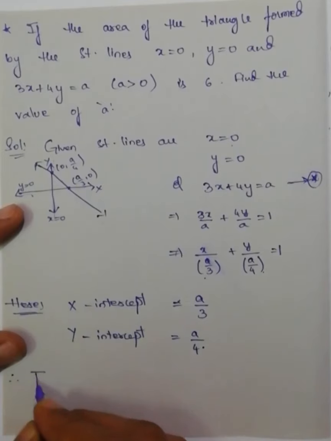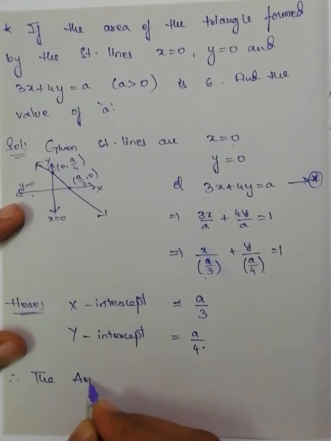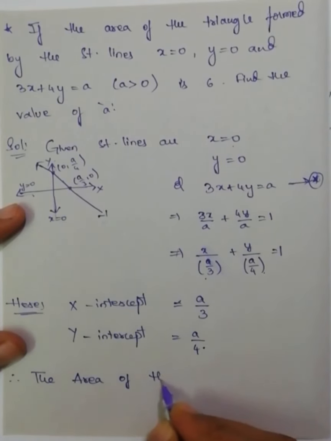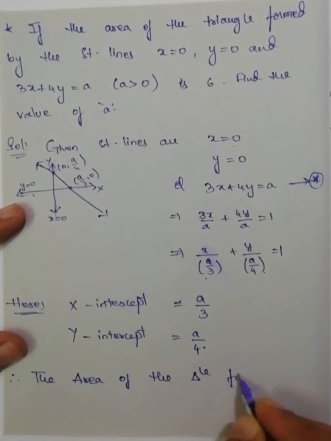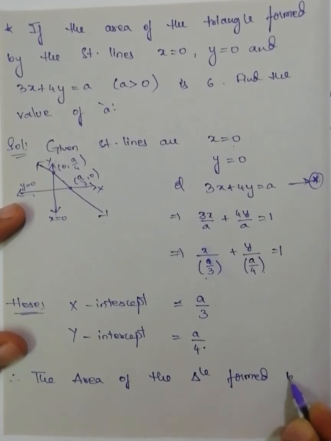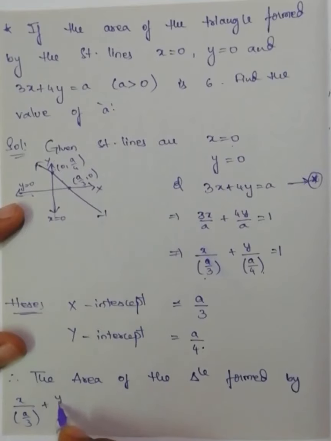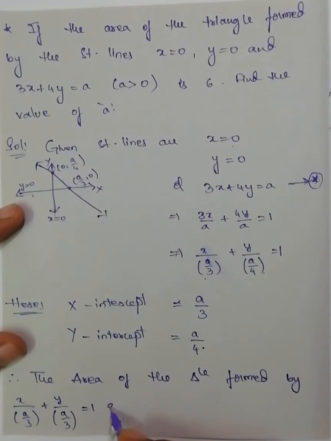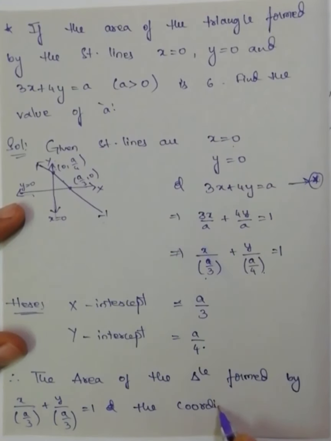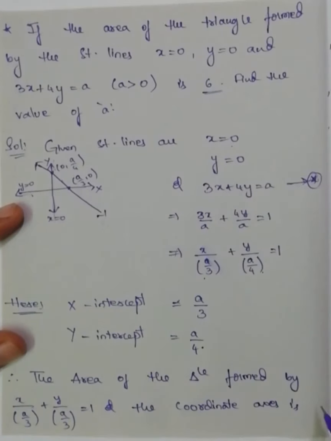Therefore, the area of the triangle formed by x by a by 3 plus y by a by 4 is equal to 1 and the coordinate axis is already given in the statement is 6.